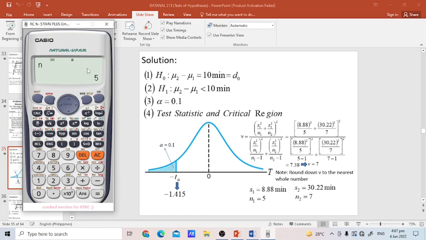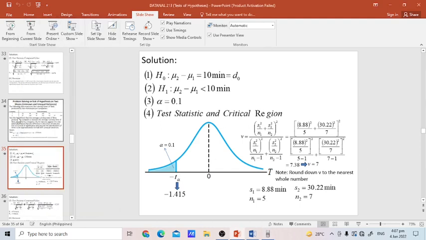And then for sample 2, shift 1, 2. We have 30.22. How did we arrive at this value? Let's analyze the previous slide.